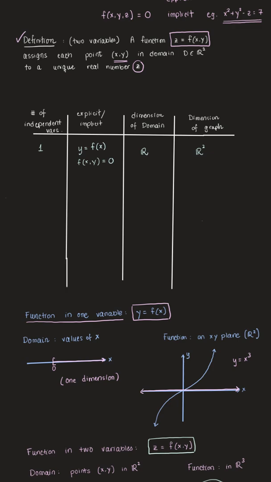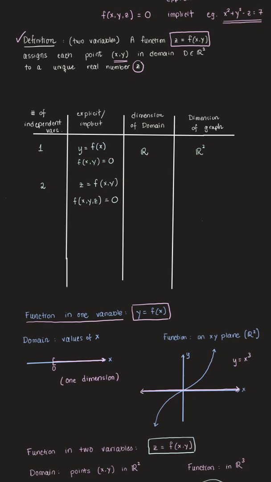If we jump one dimension higher, now we have 2 independent variables. Explicitly, our function will look like z equals a function that depends on both x and y. Implicitly, we define the function f of x, y, and z equals 0. That just means we've moved z into part of the equation.